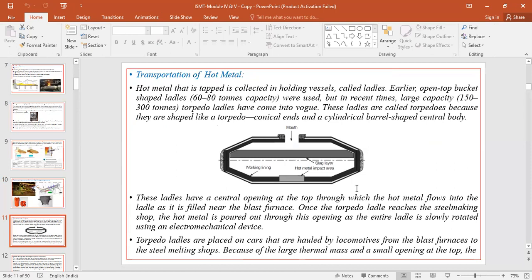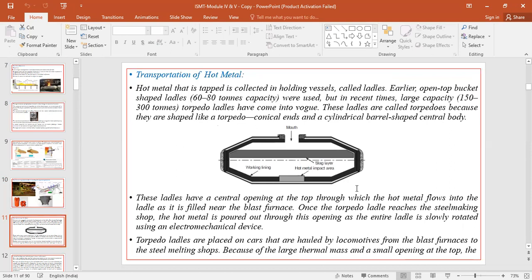This is the torpedo ladle that I have discussed. The hot metal that is tapped is collected in these torpedo ladles, which have a capacity ranging from around 150 to 300 tons. These ladles are called torpedoes because they are shaped like a torpedo, having conical ends and a cylindrical barrel-shaped central body.